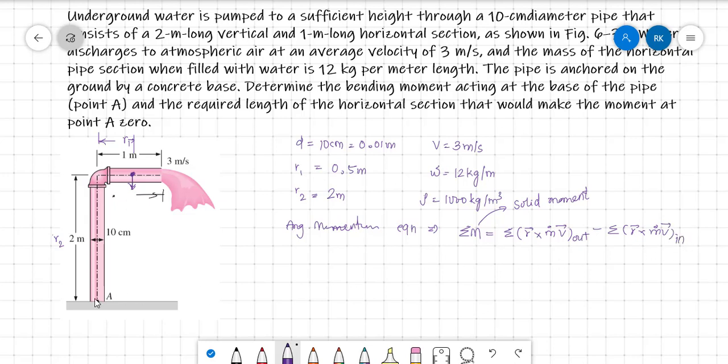Here if we see, considering moment about this point, considering this as the control volume, the flow inside is in this way, so there r bar is 0, so inside momentum will be 0, and outside momentum, here we are not considering the vector case, so sigma M is equal to summation of r m dot v outside.